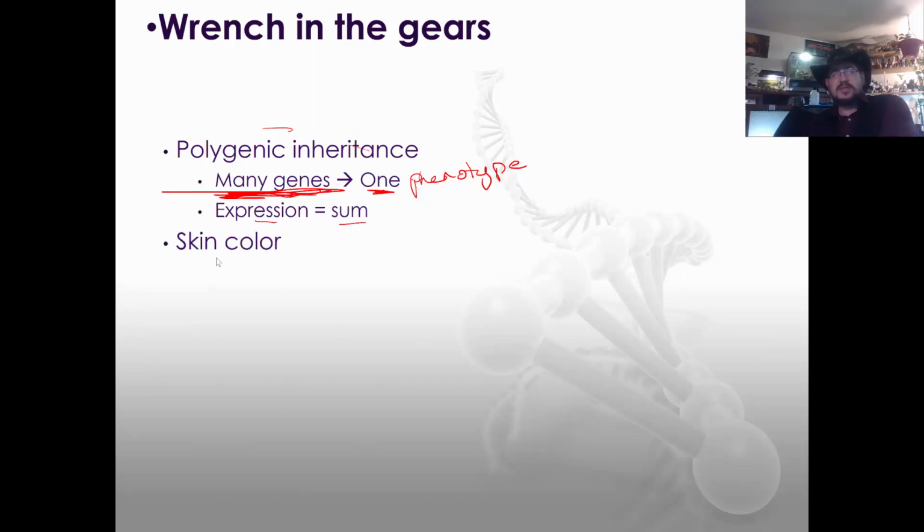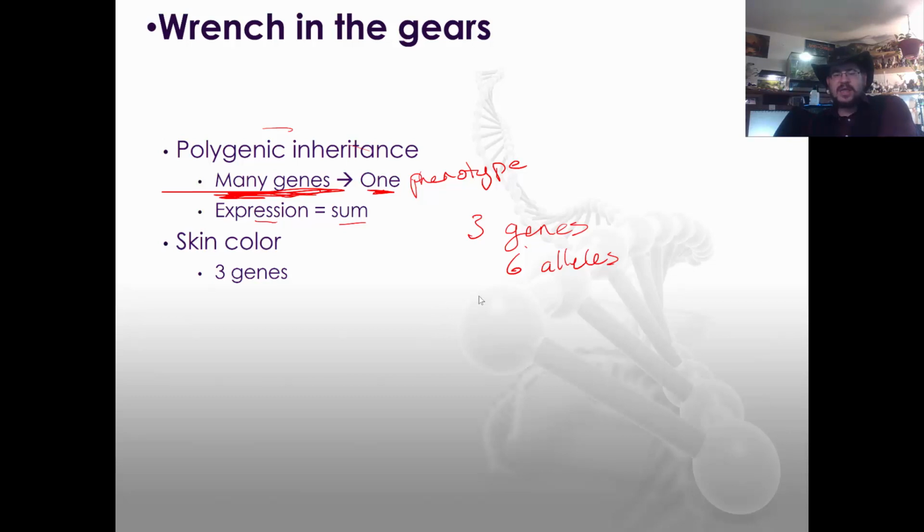Skin color is the gold standard for polygenic inheritance. There are 3 separate genes that govern skin color. 3 genes. Remember, you have 2 alleles for every gene, so 6 alleles.